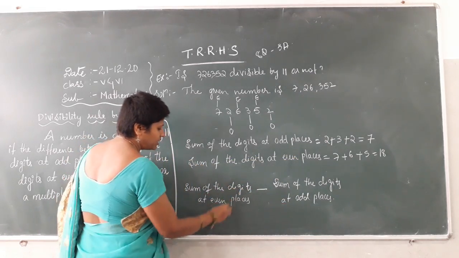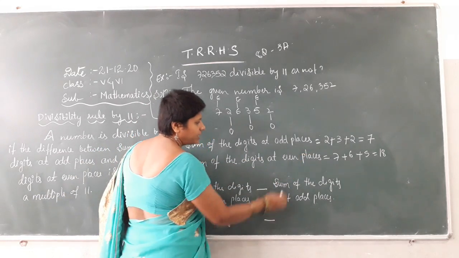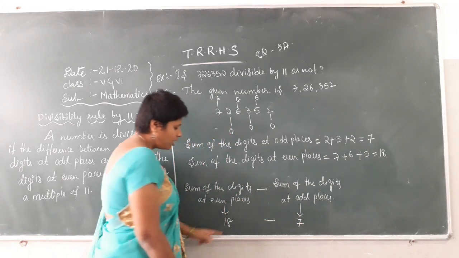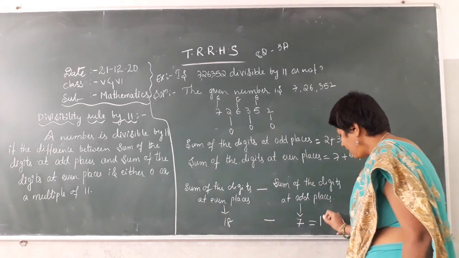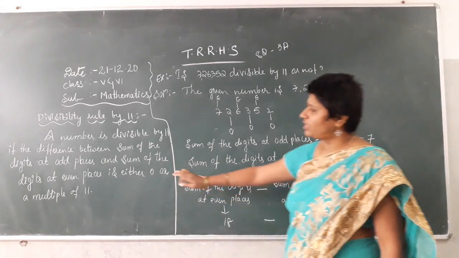Now the sum of the digits at even places, how much did you get? 18, minus the sum of the digits at odd places, which is 7. Now 18 minus 7 gives you 11. Here what is the definition saying?